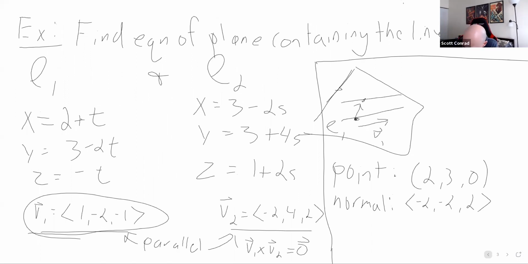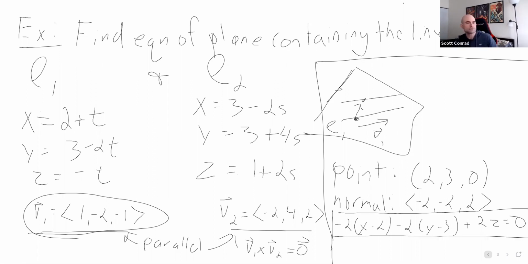So plugging this all in, we get negative 2 times x minus 2, minus 2 times y minus 3, plus 2 times z minus 0, or just z, equals 0. That's a perfectly acceptable answer.